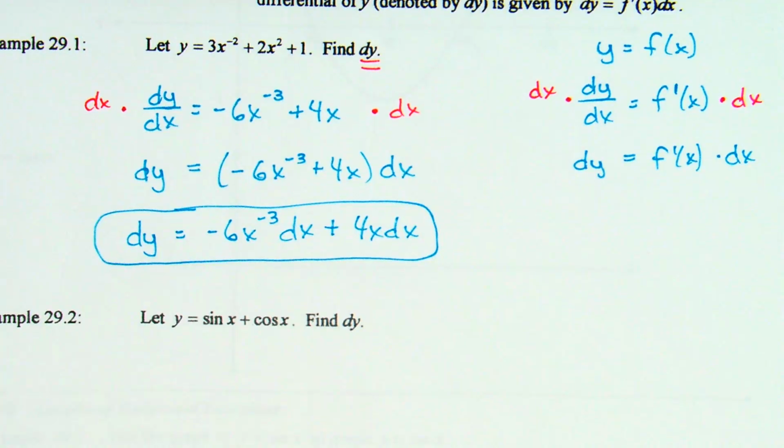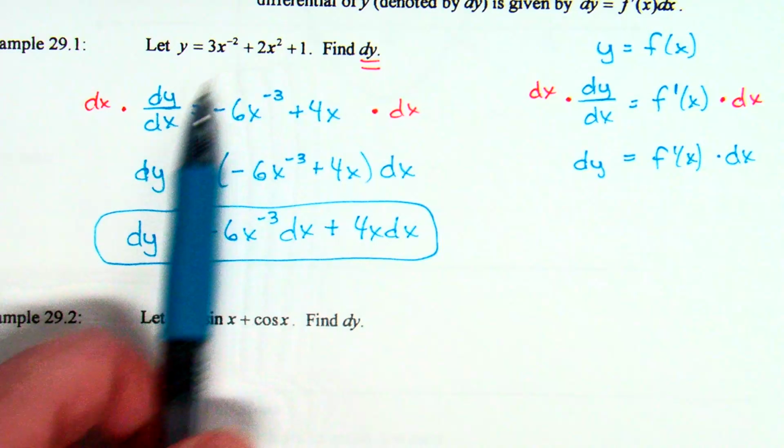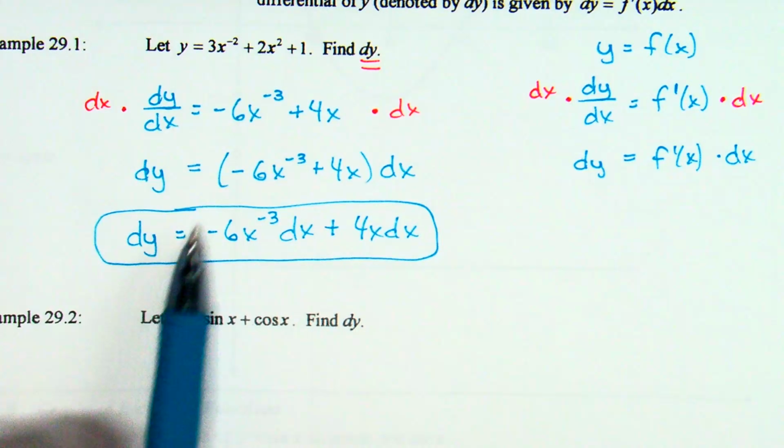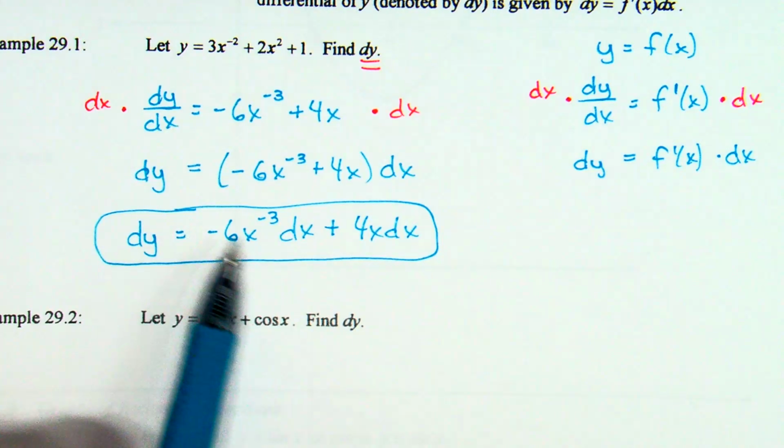At the point we're at right now, I like taking the derivative of dy dx and then solving for dy. However, as you understand this more, if we're doing differentials, the derivative of y is dy, the derivative of the first term is negative 6x to the negative third with respect to x, so dx.